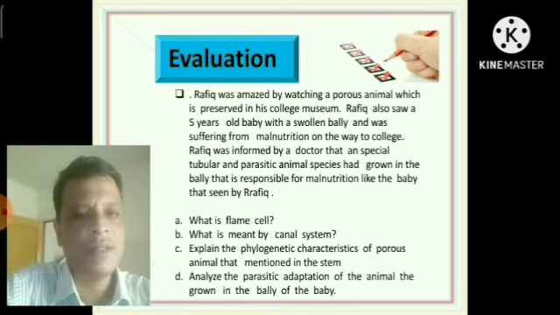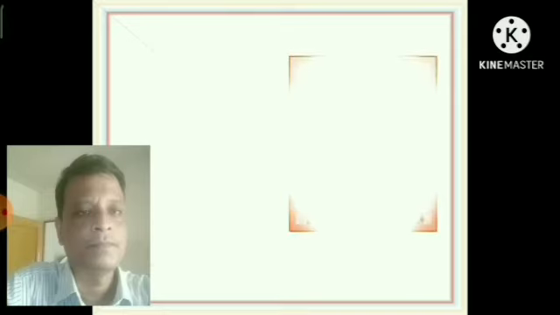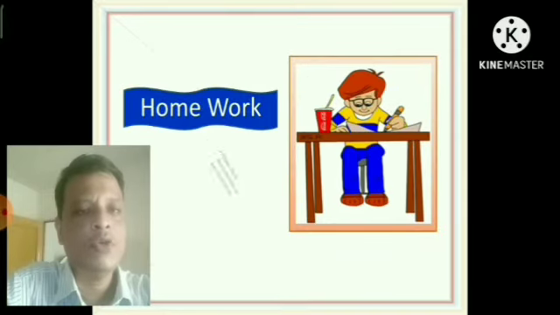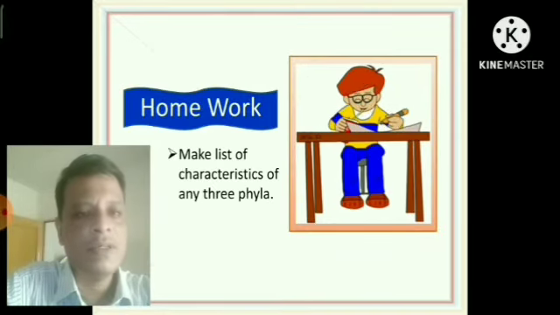A. What is a flame cell? B. What is meant by canal system? C. Explain the phylogenetic characteristics of the porous animals mentioned in the stem. D. Analyze the parasitic adaptation of the animals that grew in the belly of the baby. Now, the homework. Make a list of characteristics of 3 phyla.